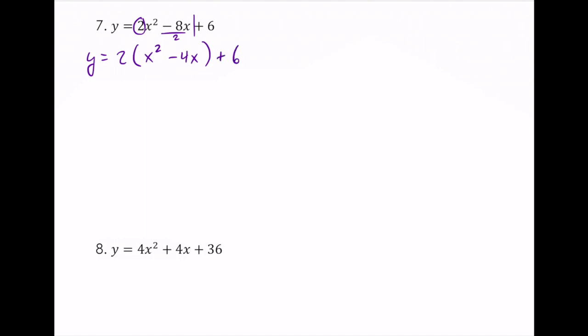And then plus 6. Now that I have this, I'm going to take the number in front of x. So that's negative 4 divided by 2. Well, that's negative 2. Negative 2 squared is positive 4. So once again, we're adding 4 and subtracting 4 from this problem.